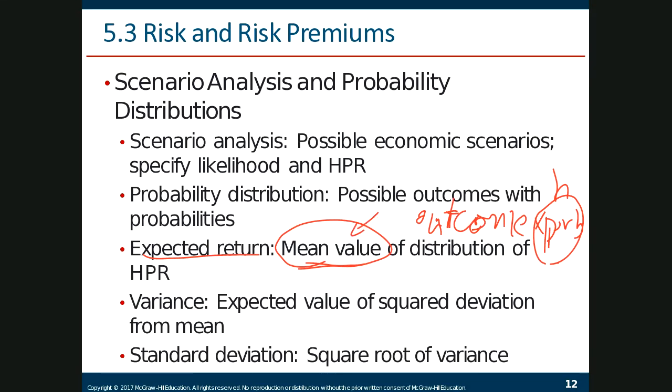Okay, so if we are going to have the distribution of the holding period return, remember what is a distribution? The distributions are outcomes together with their corresponding probabilities, right? So you're going to have a bunch of outcomes and then a bunch of probabilities. If it's a distribution of HPR, the holding period return, then what are the outcomes?